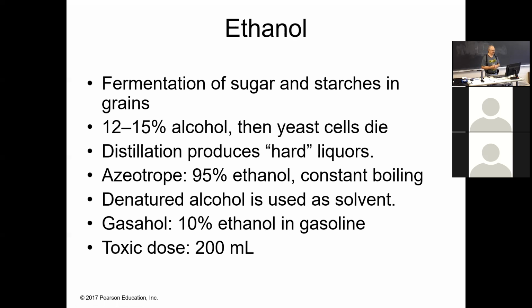As much as 80% of the cost of alcoholic beverages is actually tax. And if you're going to be using alcohol for some other purpose and not have to pay the tax, you can denature the alcohol, and a common denaturant is methanol. Methanol and ethanol are very, very difficult to separate from each other.